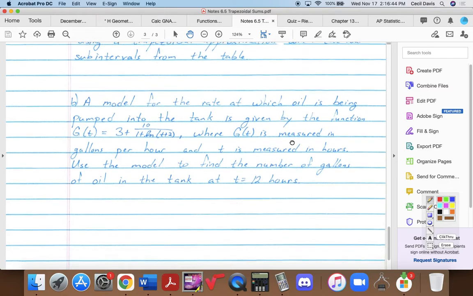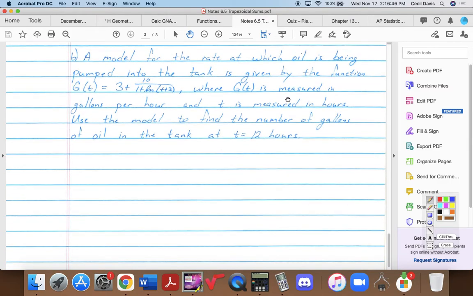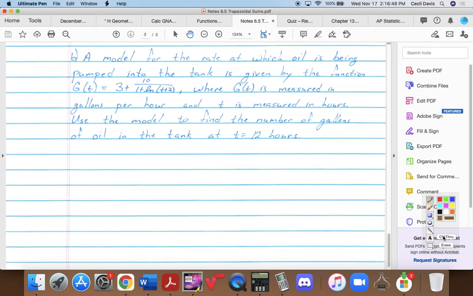So use the model to find the number of gallons of oil in the tank at t is equal to 12 hours. Well, the number of gallons is going to be equal to, we started with 120. That's an important idea. Plus, this is the rate of change.